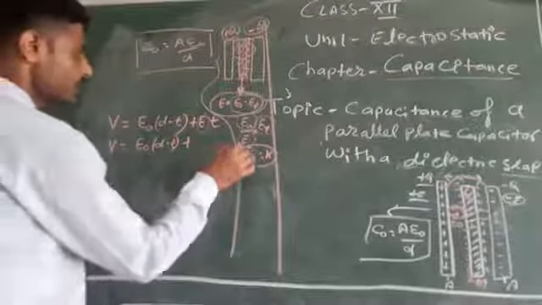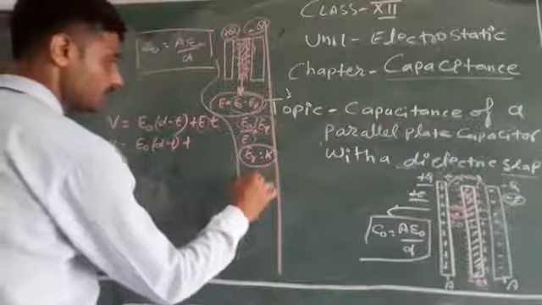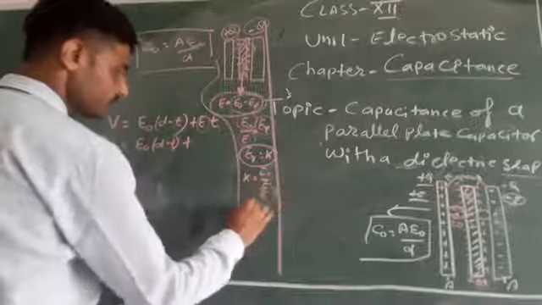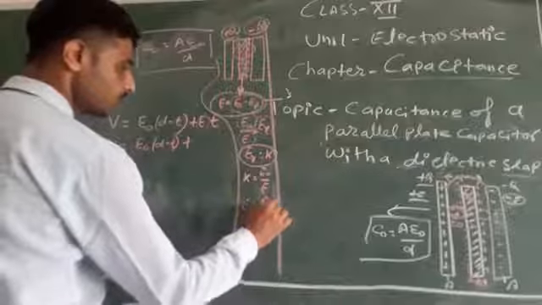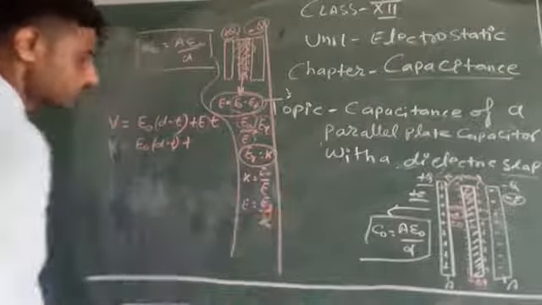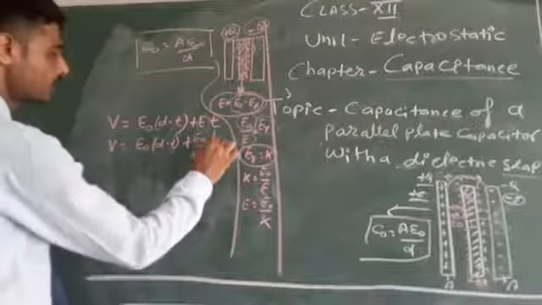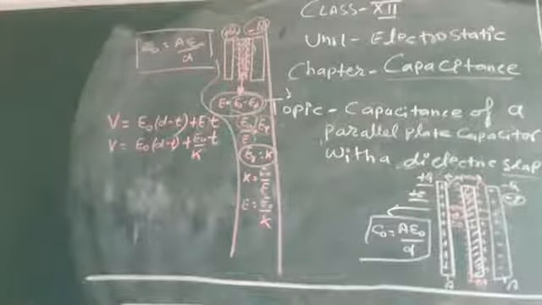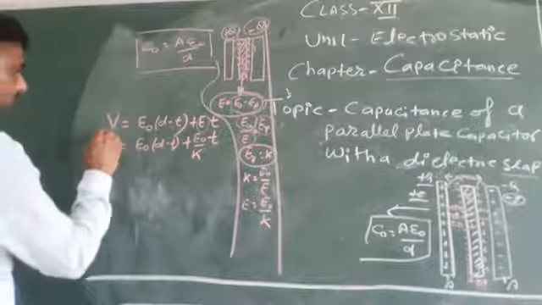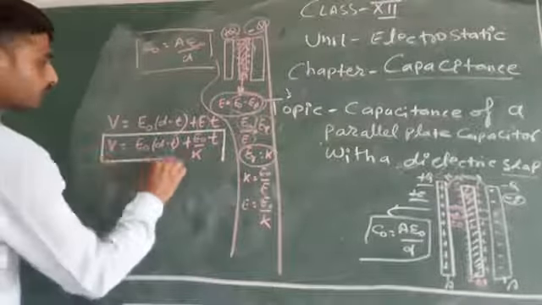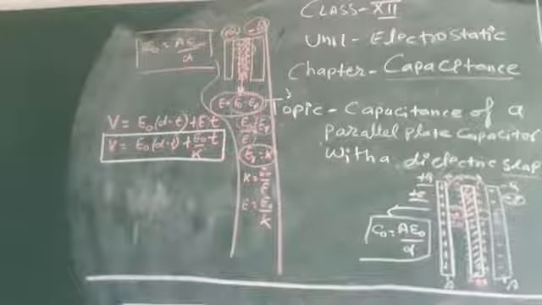It means you can write K equals E naught upon E. So E equals E naught upon K. By putting the value of E, it is E naught upon K, times t. So this is the value of the electric potential difference between the plates. Okay.